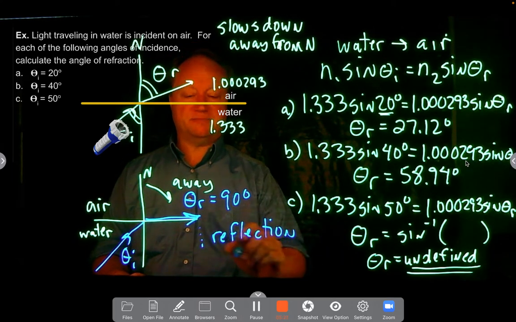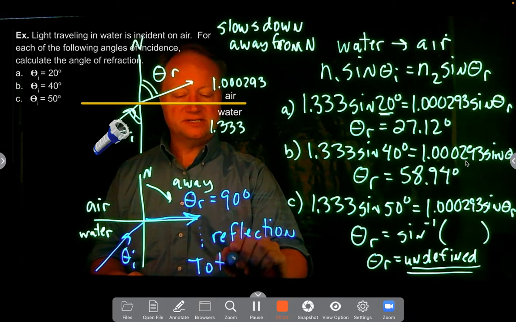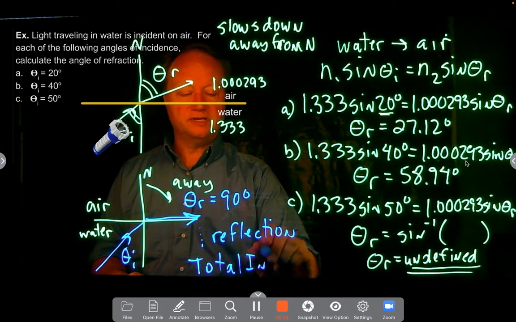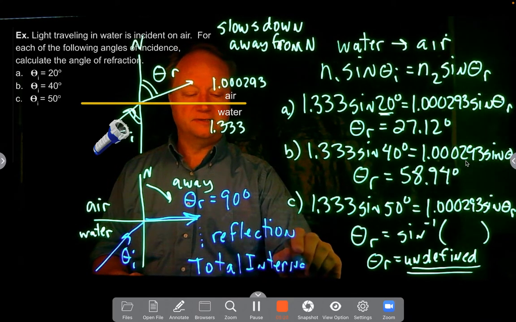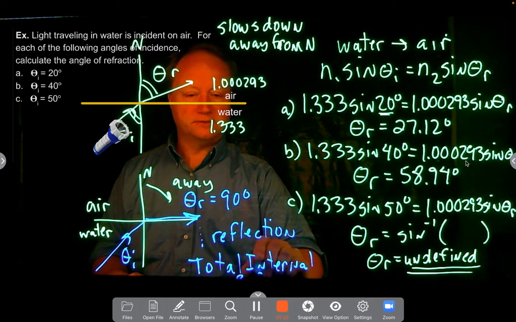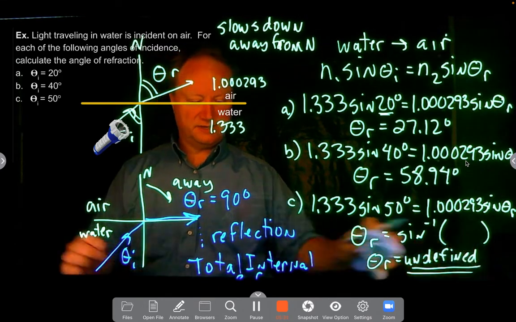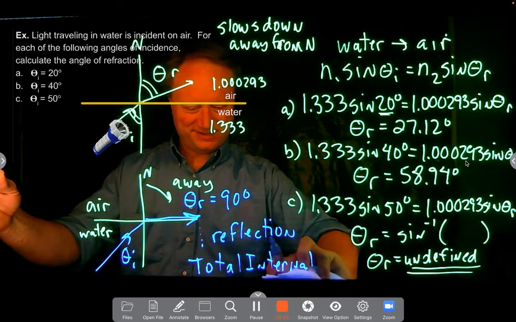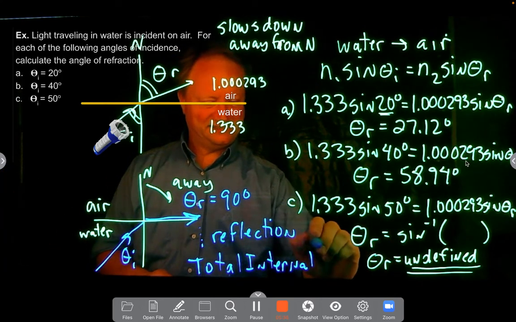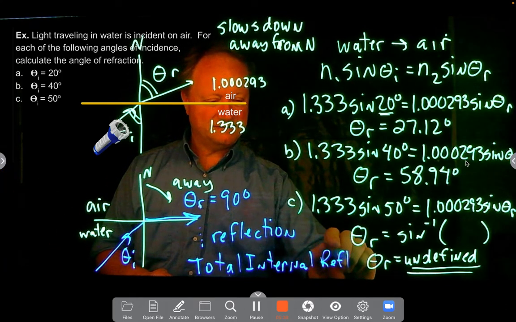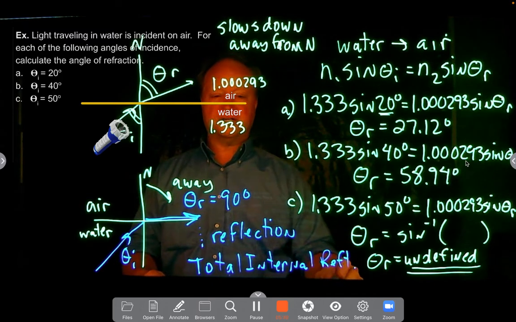And that's what our application is here, something called total internal reflection. And I won't write that low on the screen. Total internal reflection.